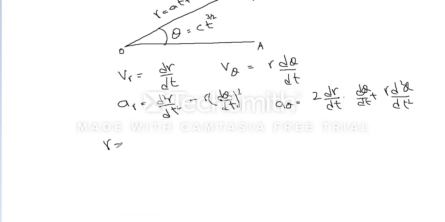We have r equal to at plus bt square and theta equal to ct power 3 by 2.